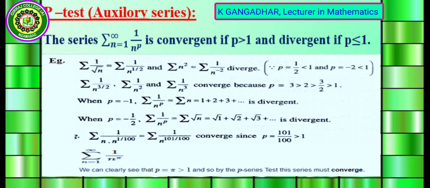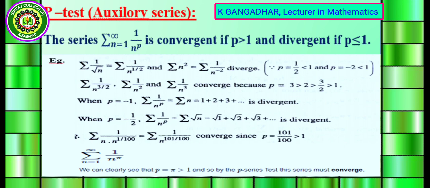Another one, sigma 1 by n into n power 1 by 100. Here the power is 1 plus 1 by 100, which is 101 by 100, greater than 1. So this series is convergent by the p test.